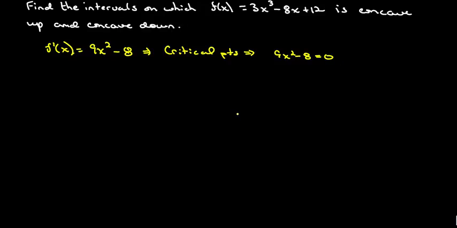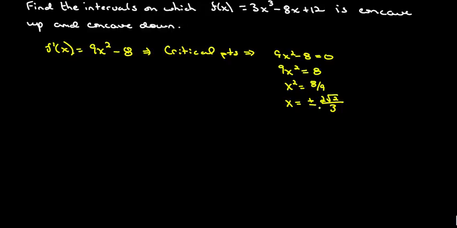is equal to 0. So we have 9x squared is equal to 8. We're extracting the roots. So x squared is equal to 8/9. And of course we'll take the square root. So this tells me that x is both positive and negative the square root of 8, which is 2 square roots of 2, over the square root of 9, which is 3.